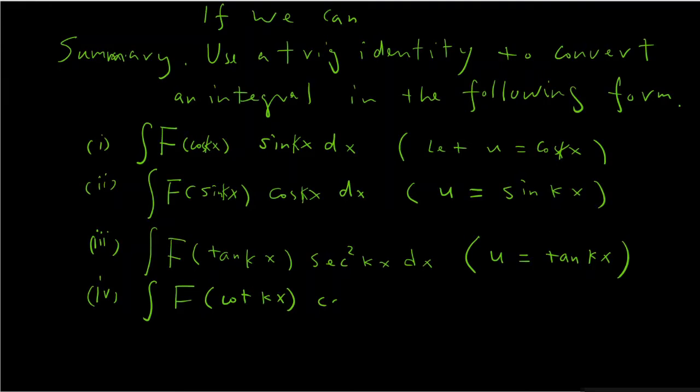It's cosecant of kx, the whole thing squared, because the derivative of cotangent is equal to cosecant squared. In this case, the substitution you need is, let u be cotangent of kx. I really do not think you need any question in that nature. Okay.